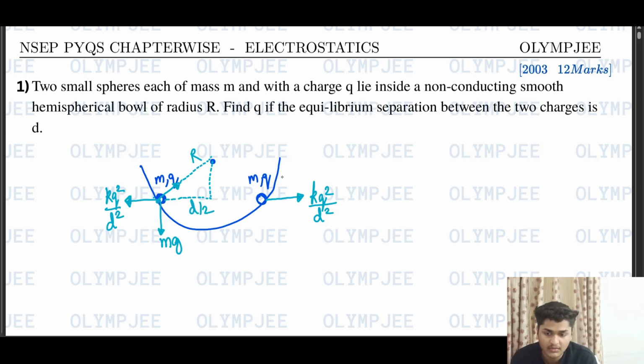So now let us write the equilibrium equations. This was normal and this is theta. So n cos theta can be written equal to q square by 4 pi epsilon naught d square, because in horizontal direction the particle is in equilibrium, and in vertical direction n sine theta is equal to mg.